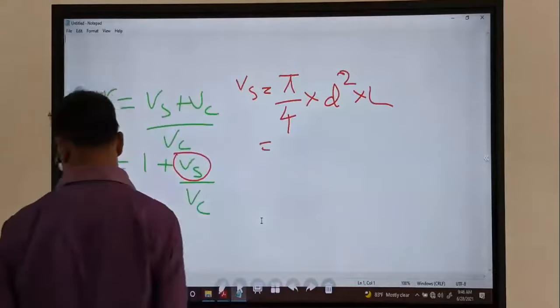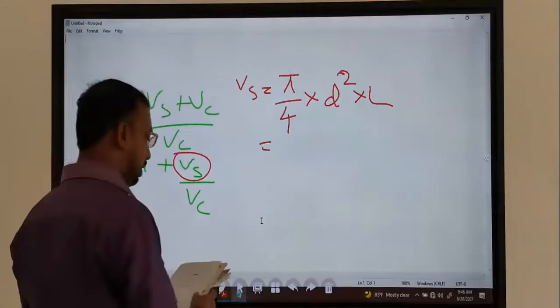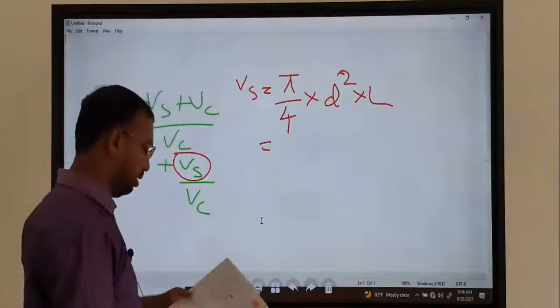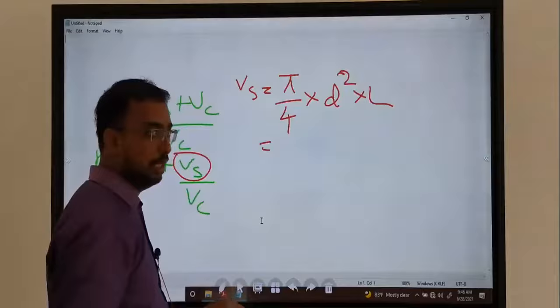Here one thing we have to use centimeter, finally I will explain why we use centimeter. So here we converted to centimeter.